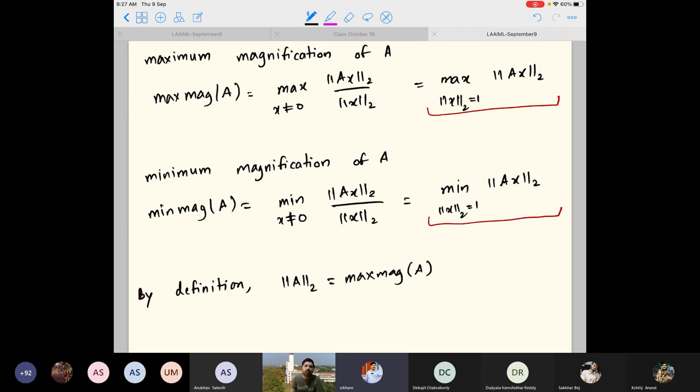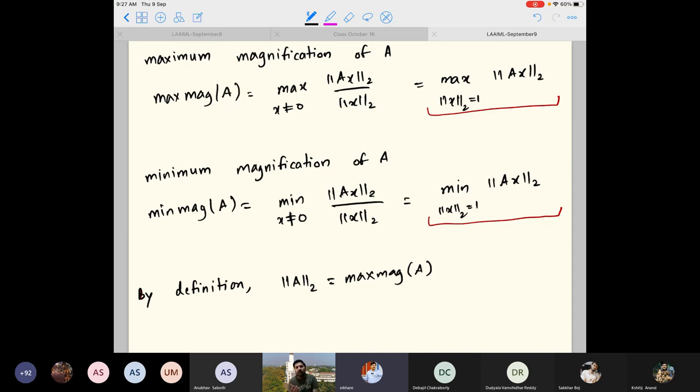One straightforward thing you can tell here is what the minimum magnification is for orthogonal matrices. What was the maximum magnification for orthogonal matrices? Both will be equal to 1. Why? Because we have already said that orthogonal matrices do not change the length of vectors.